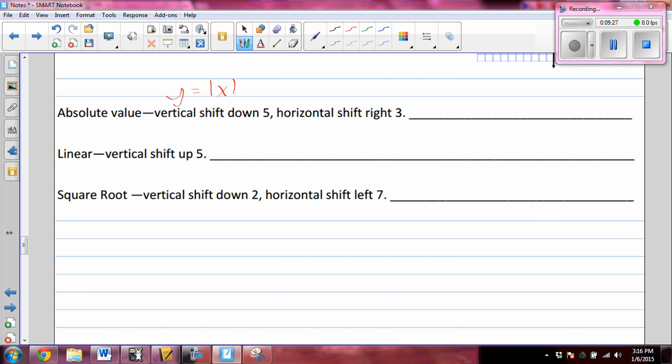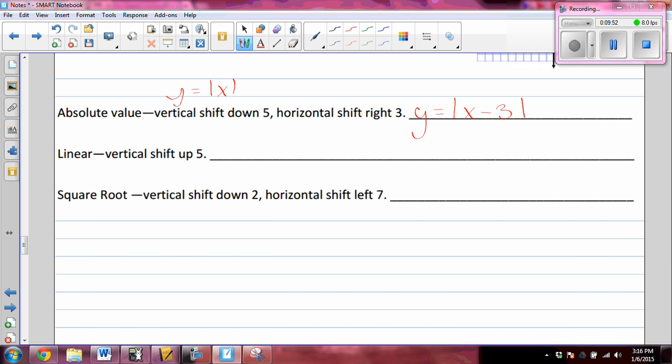Now, what goes within the absolute value? Well, that would be a horizontal shift. Horizontal goes inside. So the horizontal shift is right 3. Now remember, it's backwards for horizontal. Right is going to be negative. So far, I have y equals the absolute value of x minus 3.